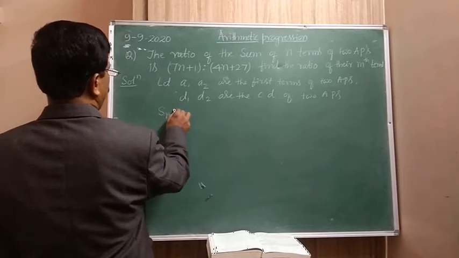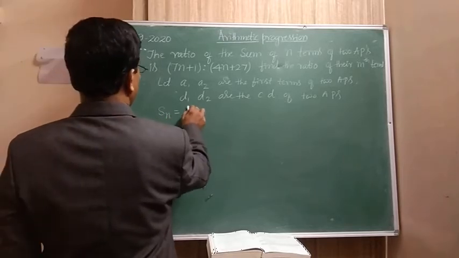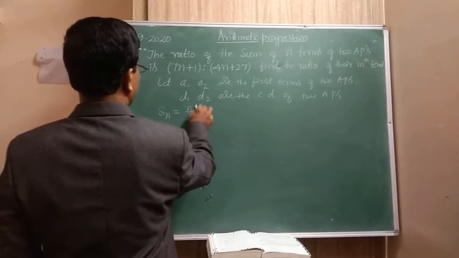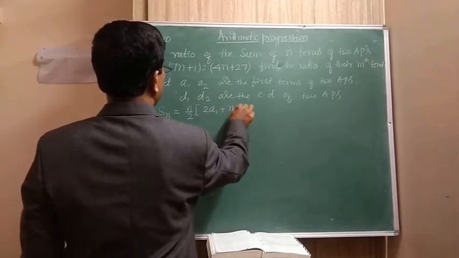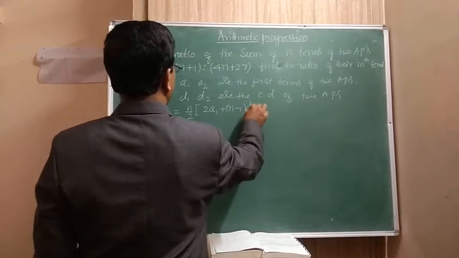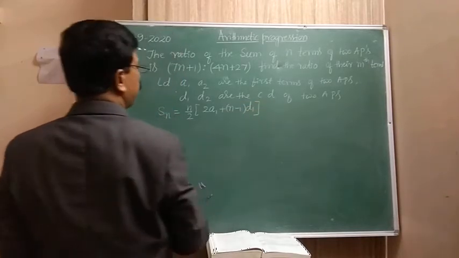Sn, first one, is equal to n by 2 into 2a1 plus n minus 1 into d1. This is the first one.